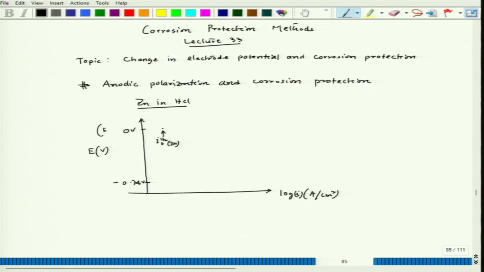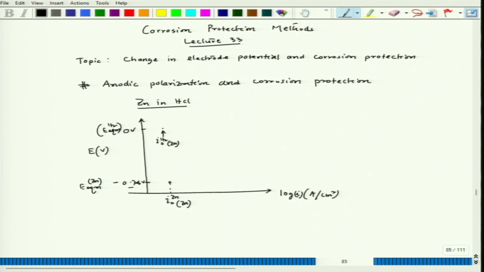This corresponds to E equilibrium for hydrogen, which we assume to be 0 volt as per the standard reduction potential series, and here it is E equilibrium for zinc, also a standard reduction potential. This is I0 for zinc on the zinc surface. I0, as you know, is the exchange current density.